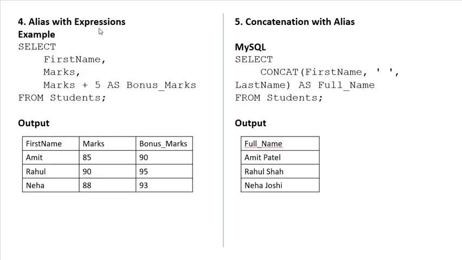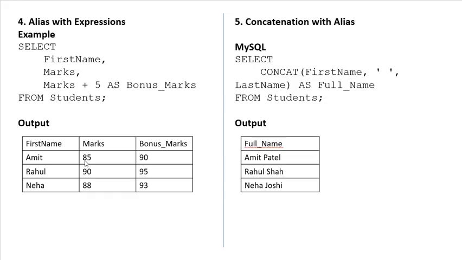Fourth is alias with an expression. SELECT first_name, marks, marks + 5 AS bonus_marks FROM student; The output shows first name, marks, and bonus marks, which is marks plus 5.